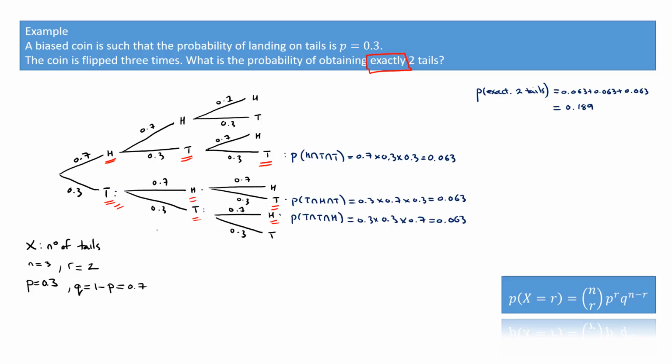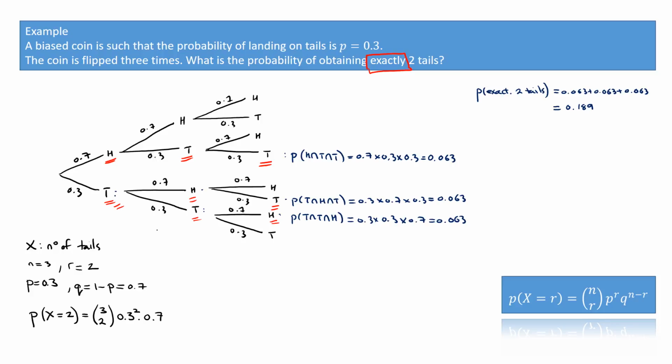And so now, all we have to do is replace all these values inside our formula. So that's the probability of X being equal to 2 is equal to the binomial coefficient 3, 2, times 0.3 to the power of 2 times 0.7 to the power of 3 minus 2, so that's just to the power of 1.